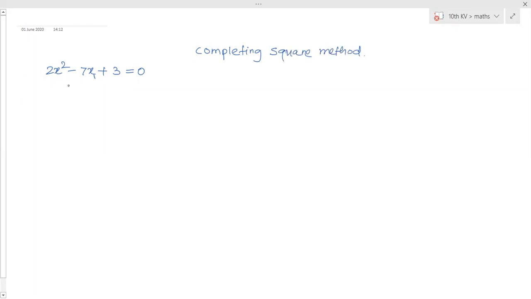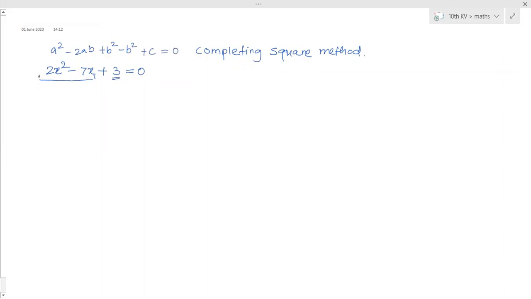In this case, the first two terms are of the form a square minus 2ab. We don't have b square, so we have to add b square and subtract b square, and then the remaining c part stays, equal to 0.